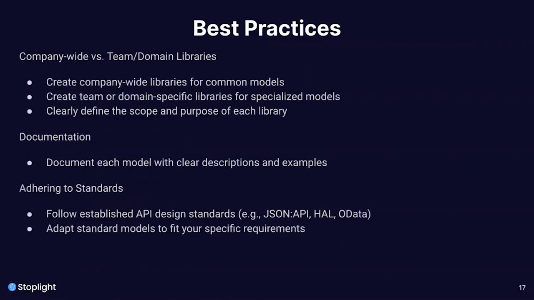What kind of best practices should we follow when creating these? So there are two levels or multiple that you can create these component libraries on. So company-wide models that are used across the organization can go into a company-wide component library. But there are team or domain-specific libraries that you might want to build too.